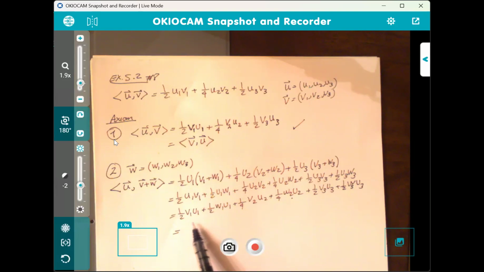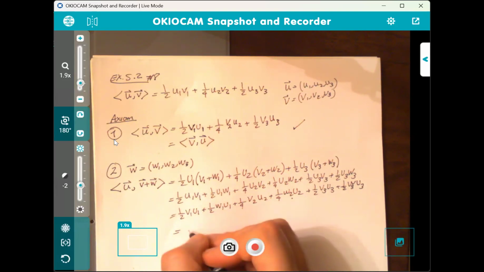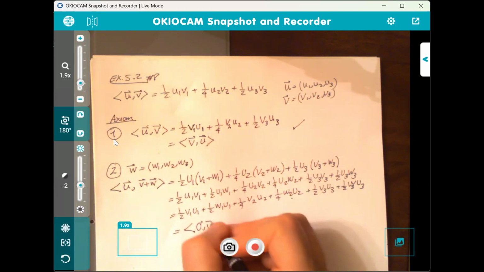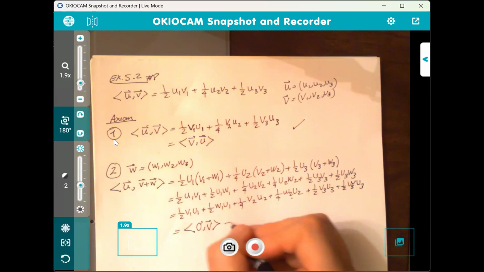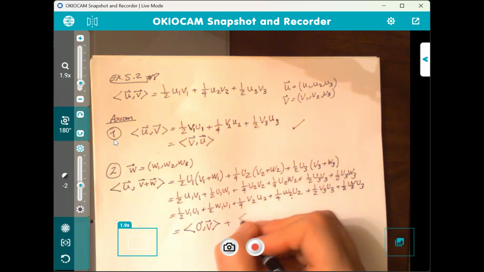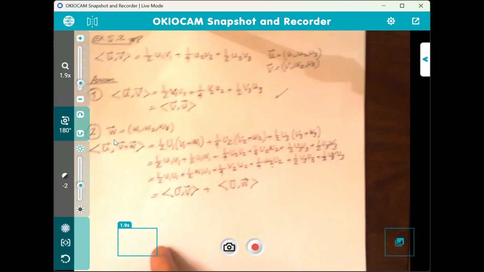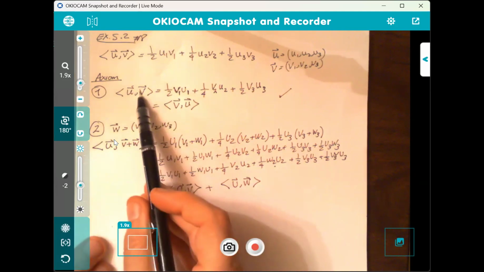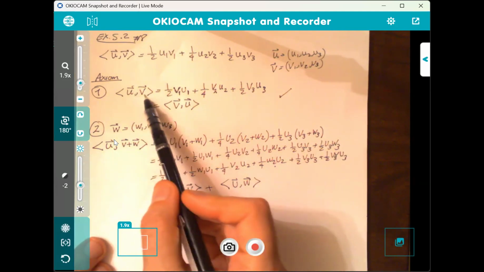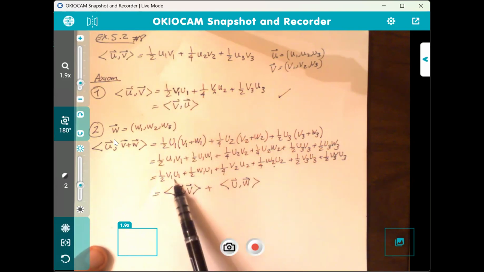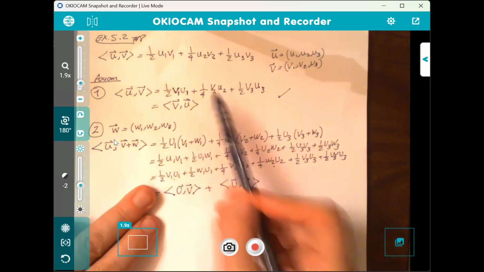This we can think of as the dot product of u and v, plus the dot product of u and w, right? Remember what u dot v is going to look like? This is going to be your u dot v. The dot product of u and v is half v1 u1. There it is. 1/4 v2 u2.